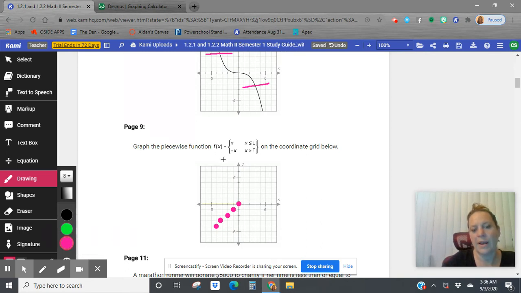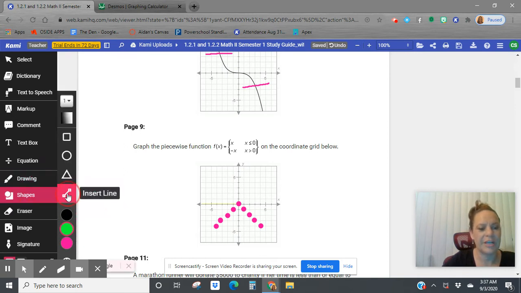Then the other graph is the negative x, and it goes for all the values of x greater than 0. So now we're just going down 1 over 1, down 1 over 1, etc. So we have two pieces of a graph that form this one graph. One is a line going up, positive slope, and one is a line going down, negative slope.